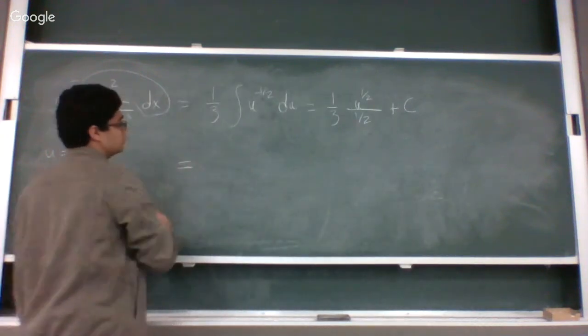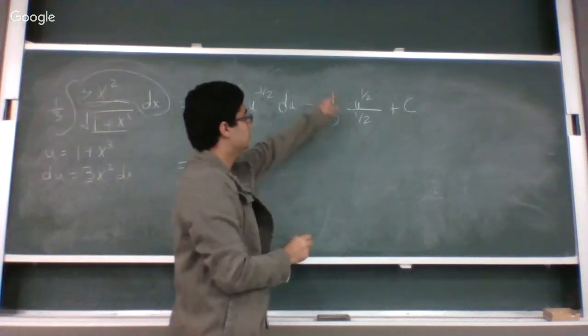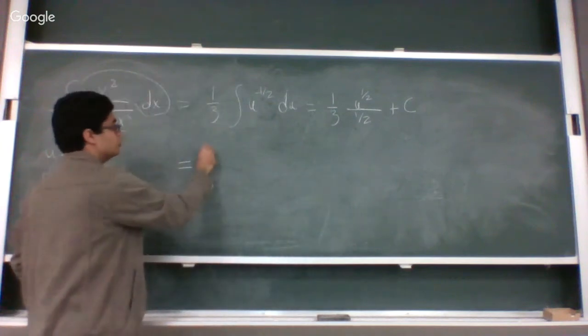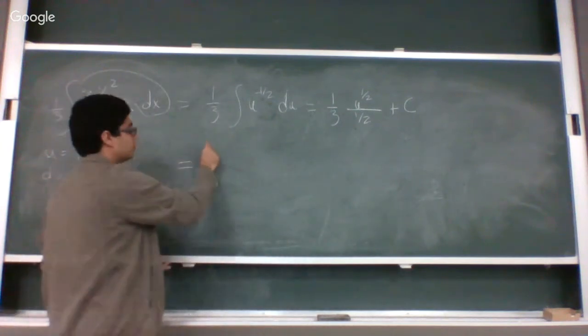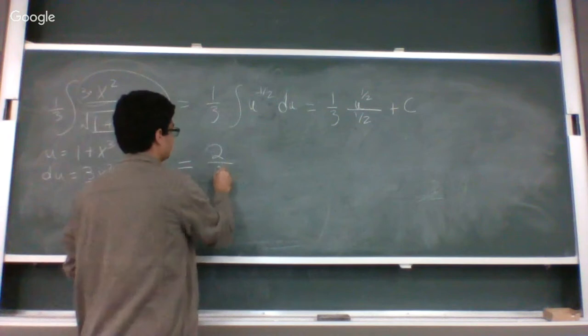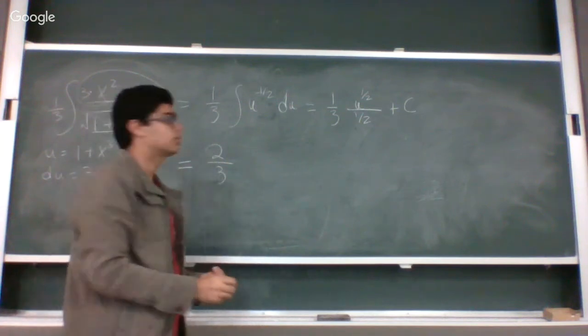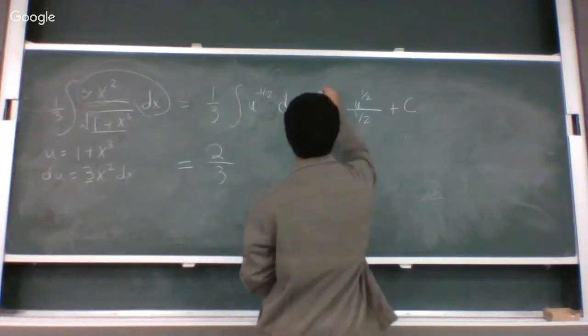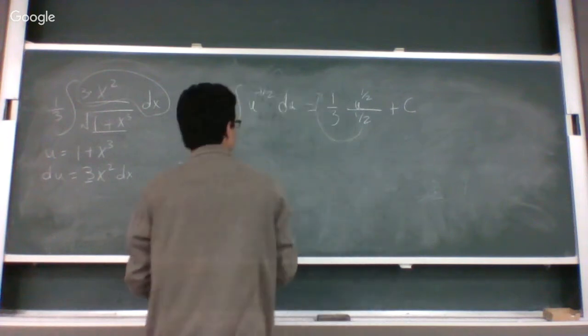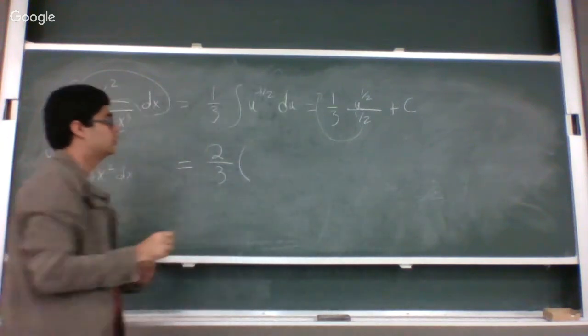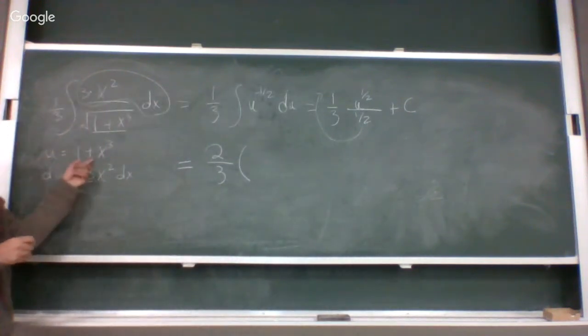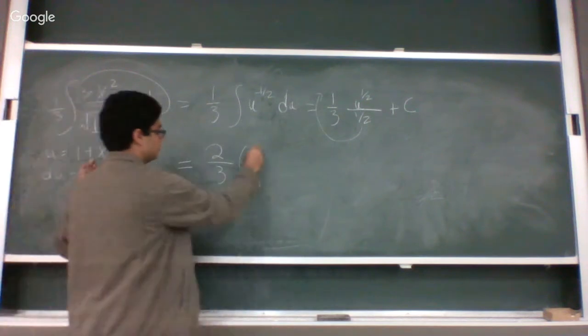That's equal to 1/3, 2/3, because the denominator is 1/2. This 1/2 goes to the top and becomes a 2, times u. What was our u? 1 plus x cubed.